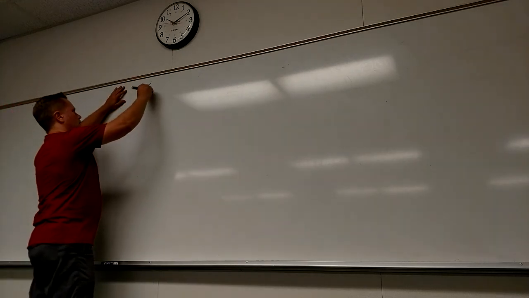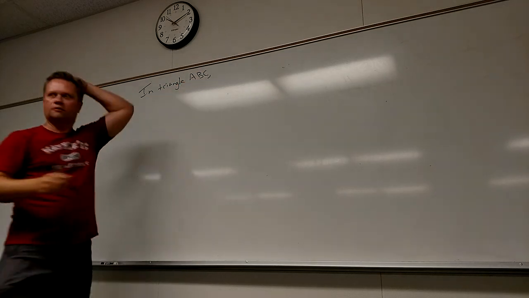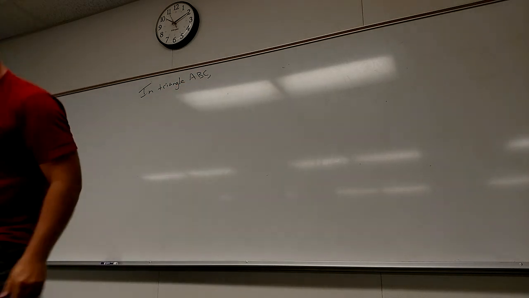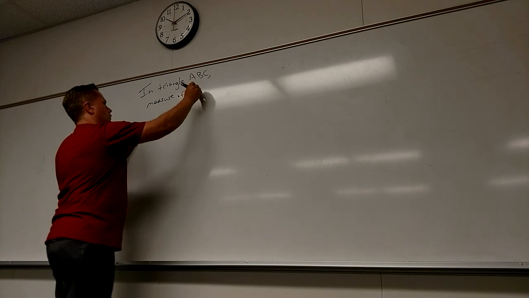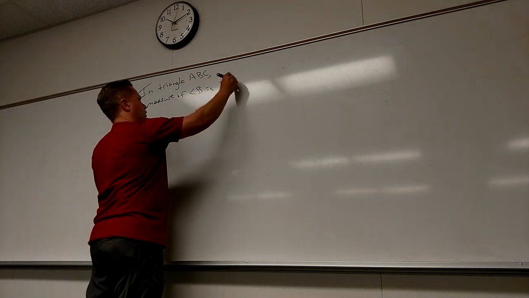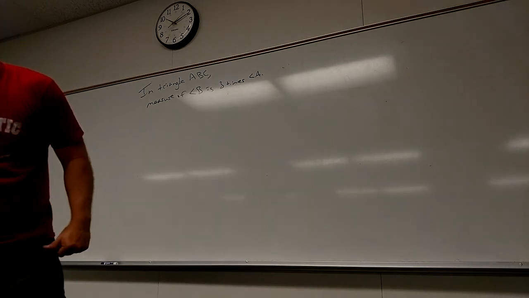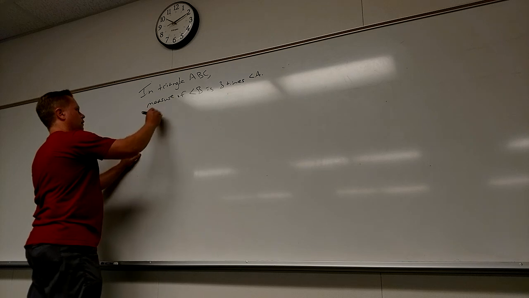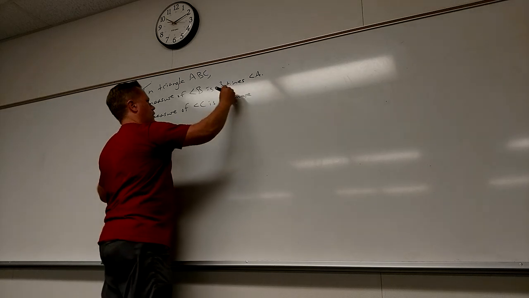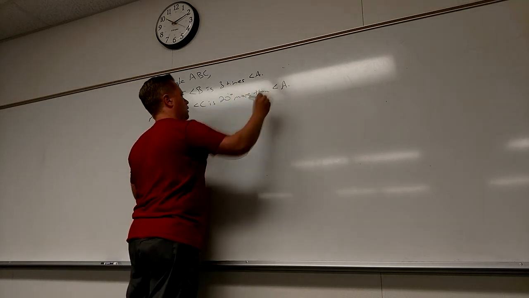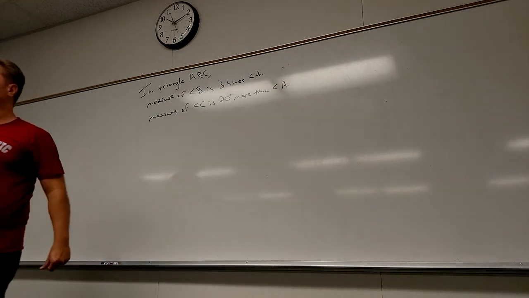Say in a triangle ABC, the measure of angle B is 3 times the angle A. The measure of angle C is 20 more than A. Find the angle measures.